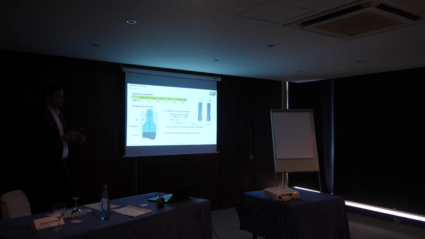It was measured in the 2D SEM, and the part with the 30 degrees shoulder opening angle has 76 micrometer square of pores, and the 90 degrees, 302 micrometer square. So we have a lot more pores and damage on this particular part.